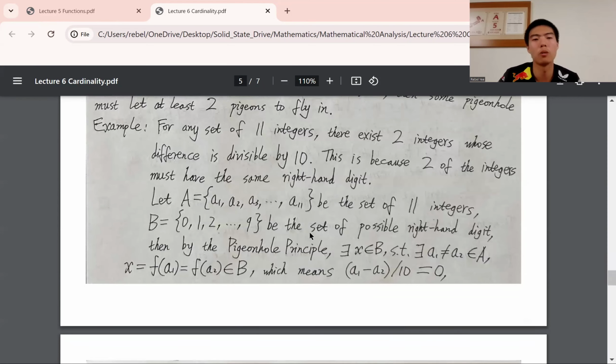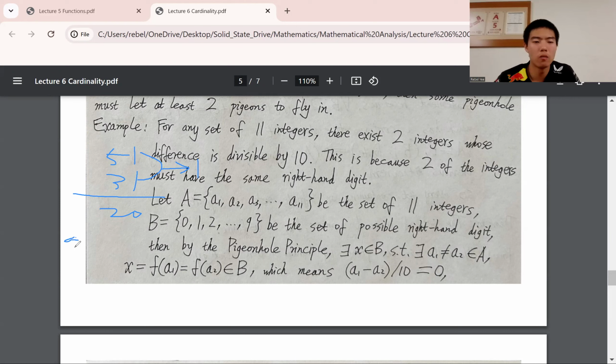Let's see one example. Among 11 integers, there are 2 integers whose difference is divisible by 10. This is a true statement. Two integers' difference being divisible by 10 means their right-hand digit is the same, like 51 and 31: their difference is 20 and they have the same right-hand digit 1.